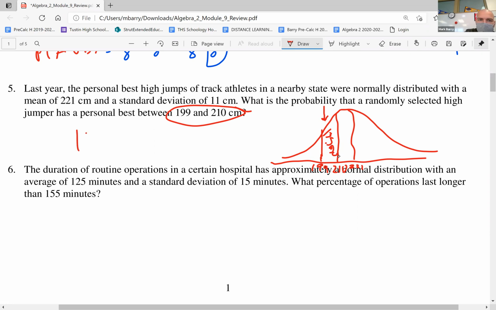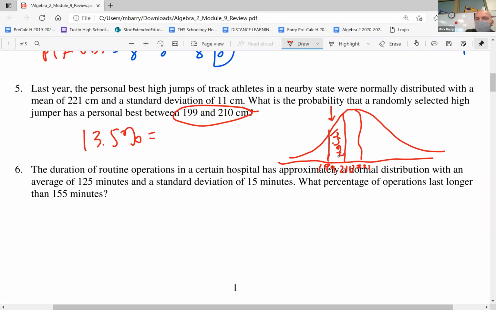So that would be my answer, 13.5%. Now they put the answer as 0.135, which remember is technically the same thing. So I'd say either one of those is fine. When we write it as a decimal, we always move the percentage 2 times to the left.